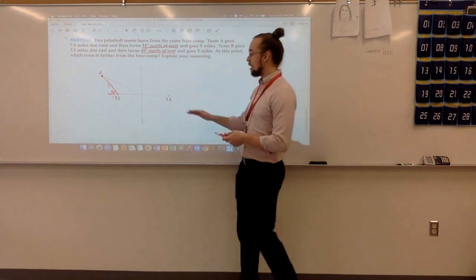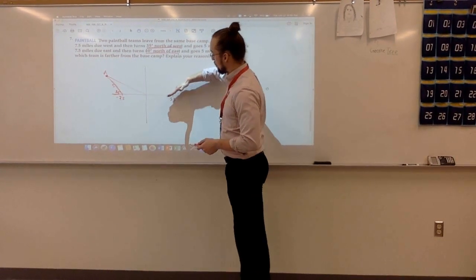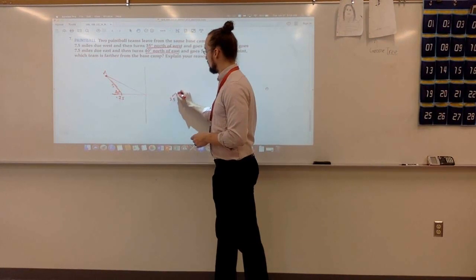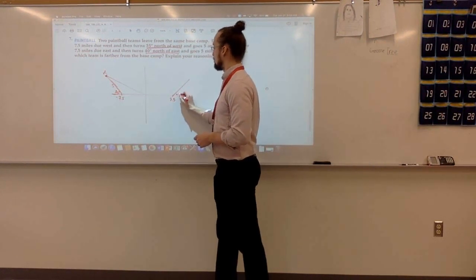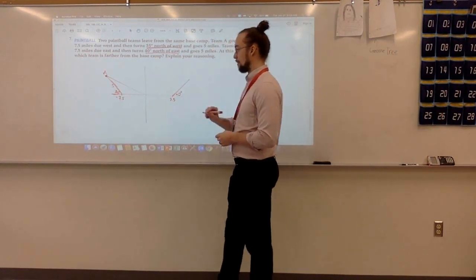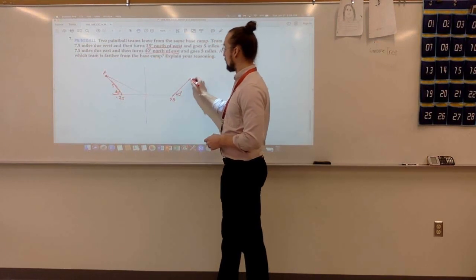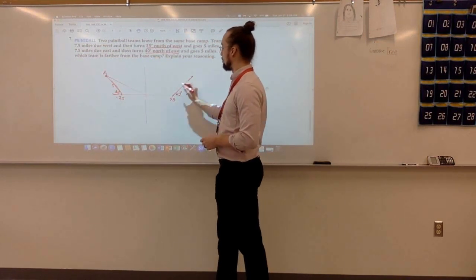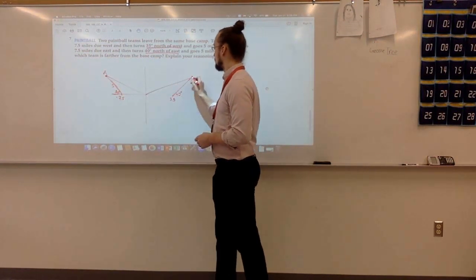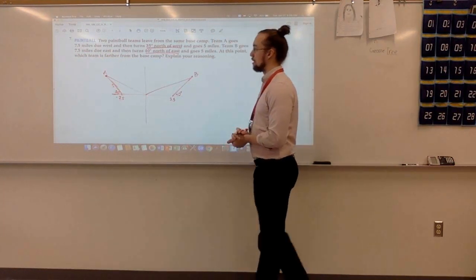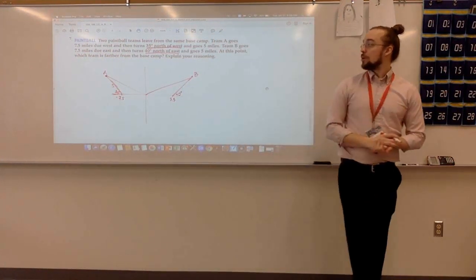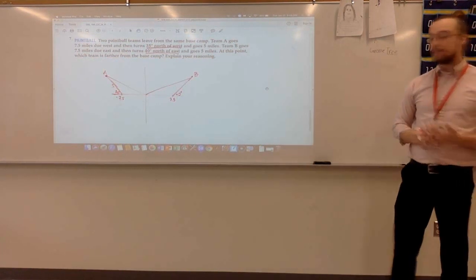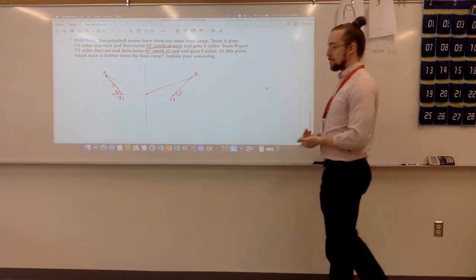Okay, so again, that means they're turning 40 degrees this way. So this is the 40-degree angle out here. Again, they travel 5 miles and end up right here. So this is Team B. So, at this point, which team is further from base camp?